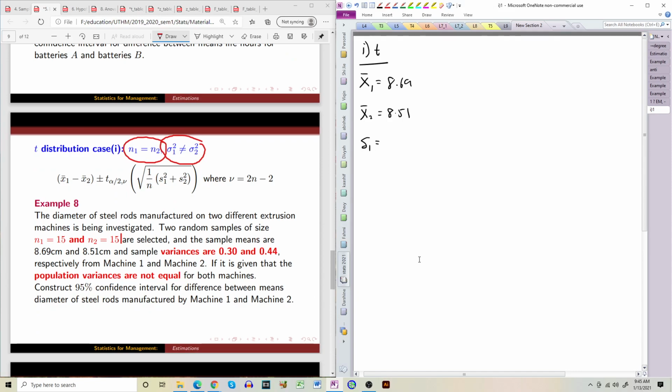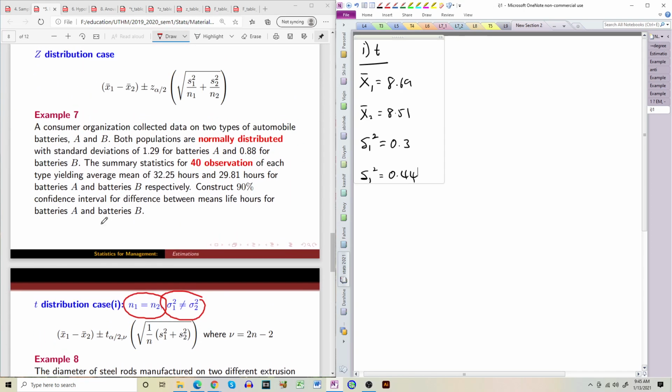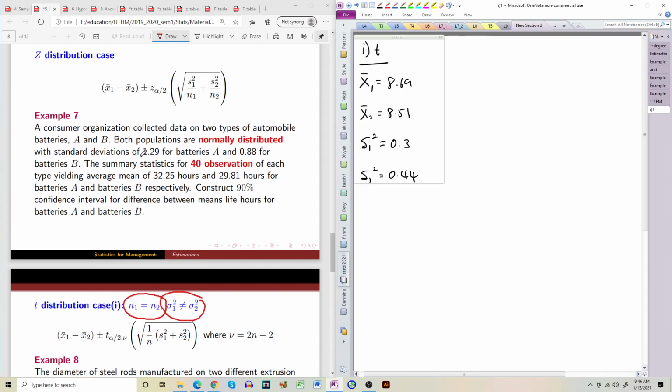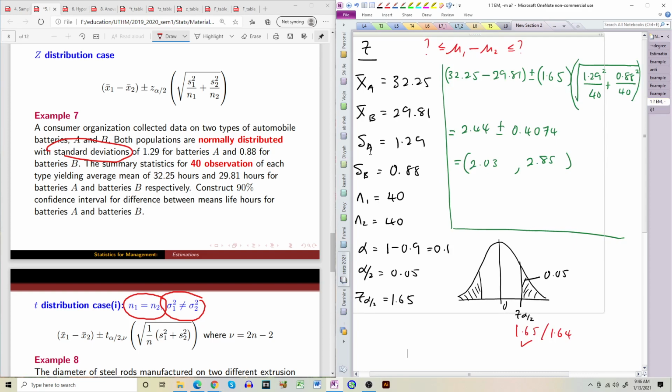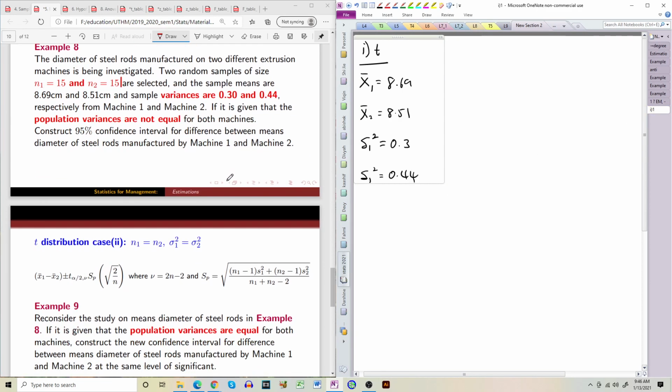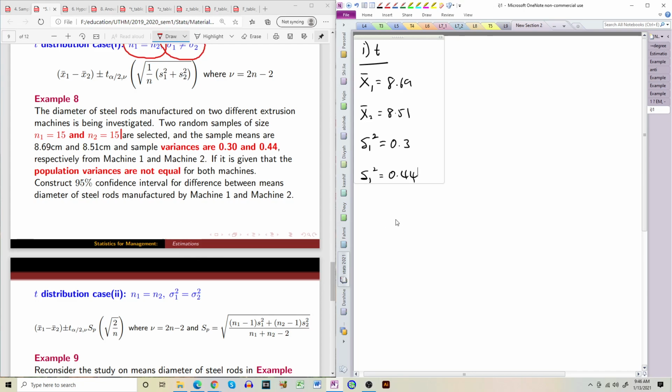In this case they give the variance, so we can write it like this. Variance we write S square. S is standard deviation, S square is the variance, so they readily give you the variance as 0.3. This one is 0.44. In the previous case they gave the standard deviation, so we write S. In this case they readily give you the variance, so you write S square. Hope you guys understand this.